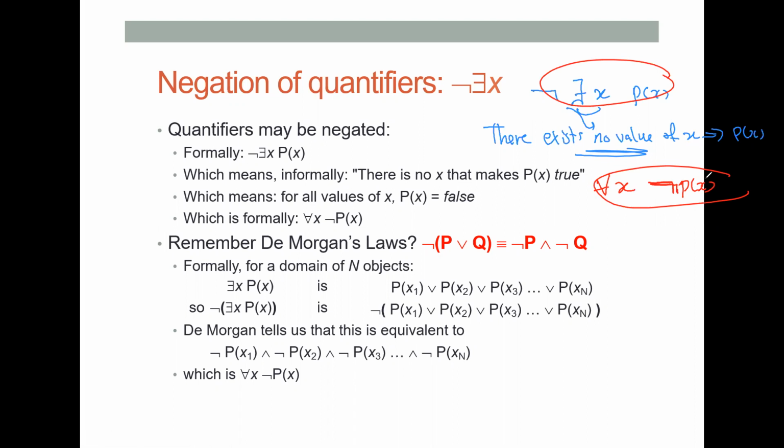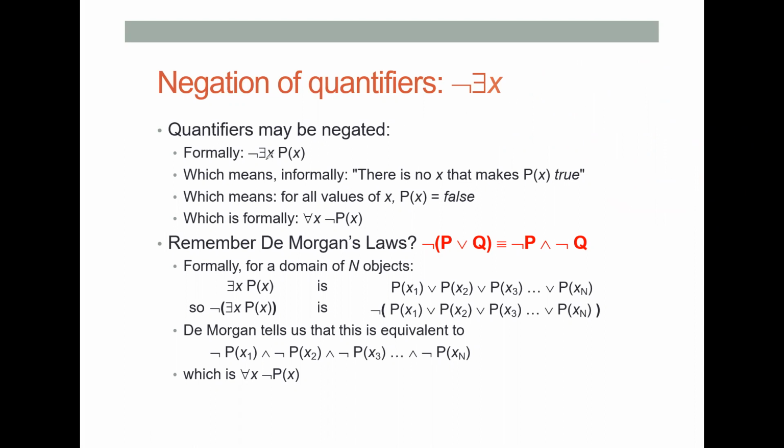So actually, this is exactly the equivalent of the other form. And in order to prove it, it's very easy. So there exists, do you remember how we model there exists in propositional logic? Yeah, it's being OR between all the instantiations. And the negation before there exists means that you're going to apply the negation over all the values inside the bracket.